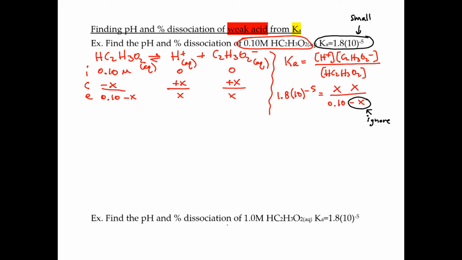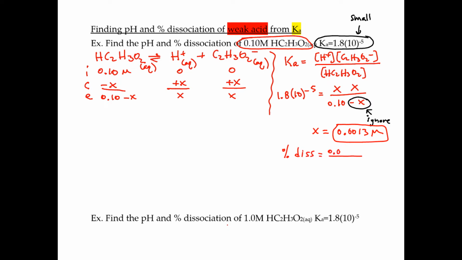Okay, when you do the math for this, you're going to find out that X is going to equal 0.0013. And of course, you have to check your 5% rule to make sure that this is okay. Let me show you something with that as well. The percent dissociation is going to be the X over the original.